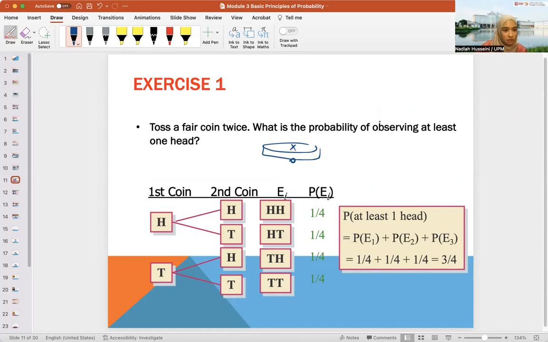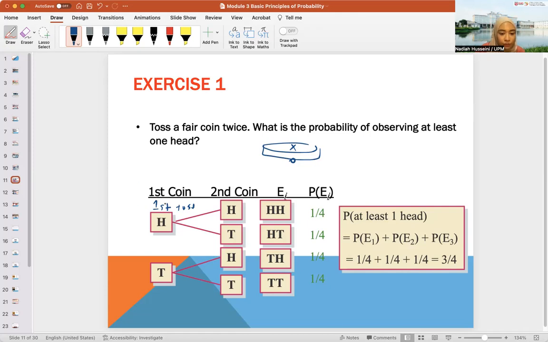So you toss this coin twice, right? The first time that you toss it, you can get a head or a tail. That's common sense. Versus when you toss it another time, you can also get another head or a tail.